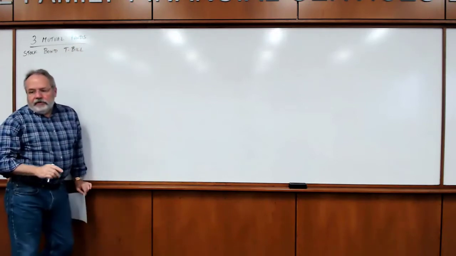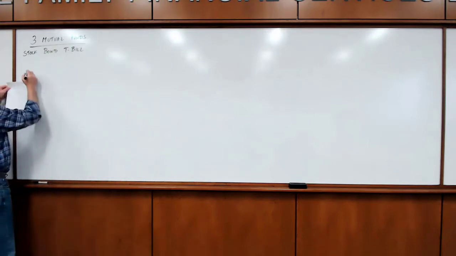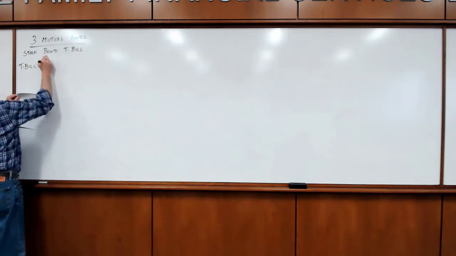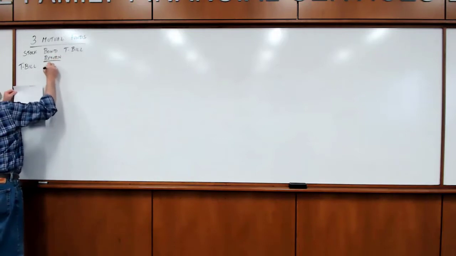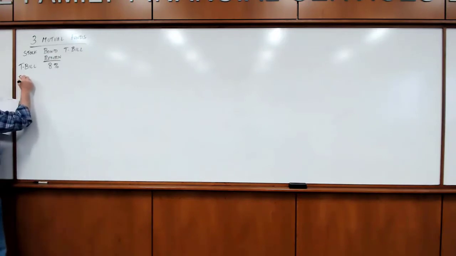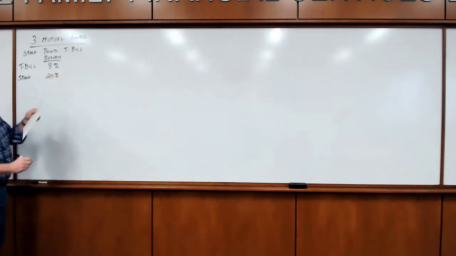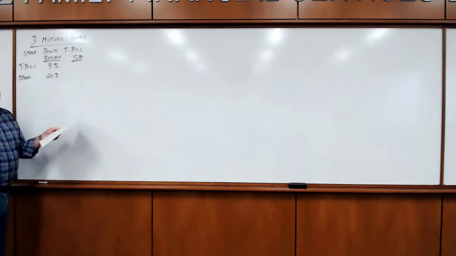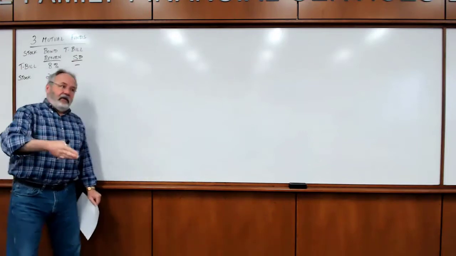Problem 3. We have 3 mutual funds, a stock fund, a bond fund, and a T-bill fund. T-bills return 8%. Stock returns 20%. Standard deviation, T-bills, risk-free, right? We don't need anything.